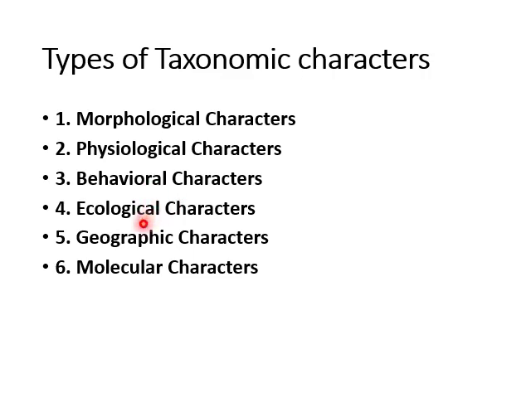The fourth type is called ecological characters. The fifth type is geographic characters, and the sixth type is molecular characters.